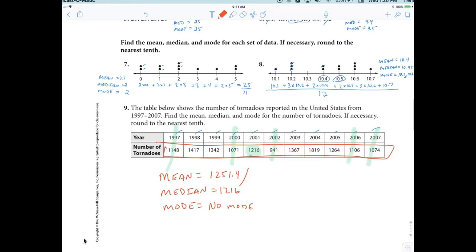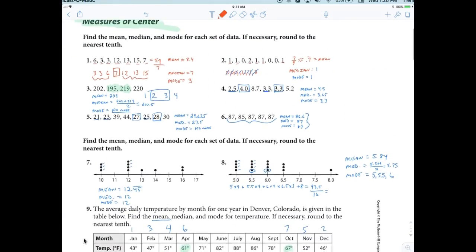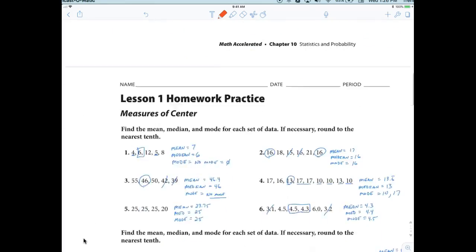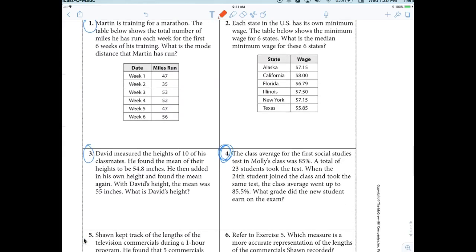Okay, so now your job is right now to do 1 through 9. And then there's a couple ERB questions. I want you to circle 1, 3, and 4. Everybody hearing me? 1, 3, and 4 on the last worksheet. Those are the ERBs.